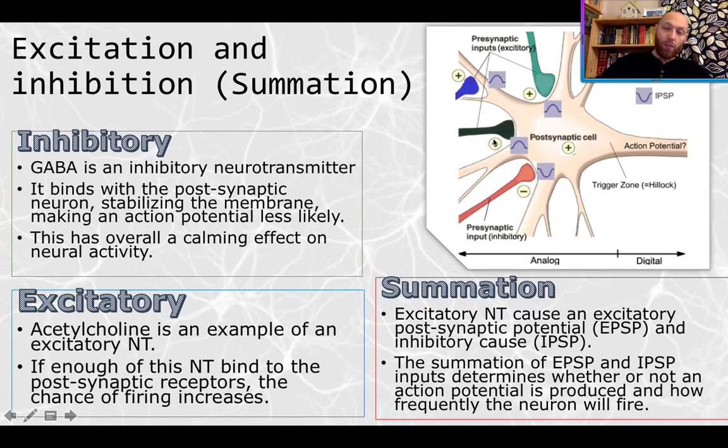In other words, if there's more excitatory, the neuron will most likely fire. Not 100%, but most likely. If the IPSPs are greater than the EPSPs, then it will most likely not fire.